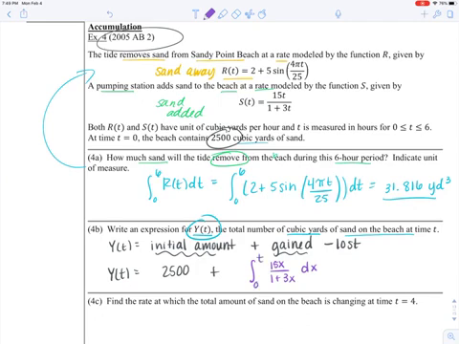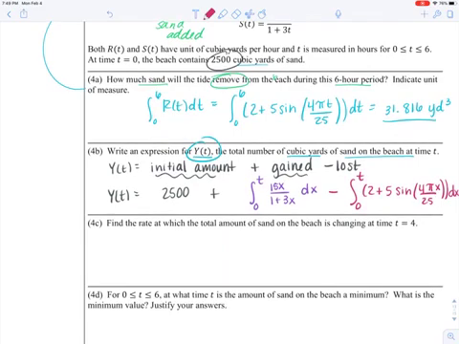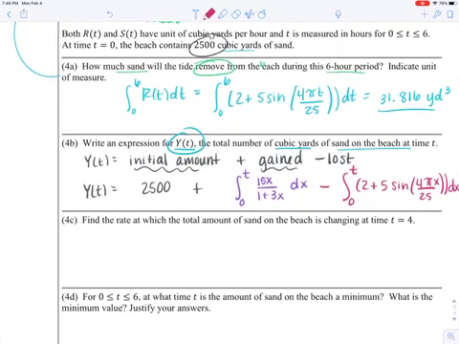Our bound is saying, from 0 to some time t, which we don't know, I'm going to be adding sand. And then our sand that we're losing is going to again be an integral of that rate, 2 plus 5 sine of 4 pi x over 25 dx, and this integral is going to go from 0 to t also. So this is my expression for y of t.